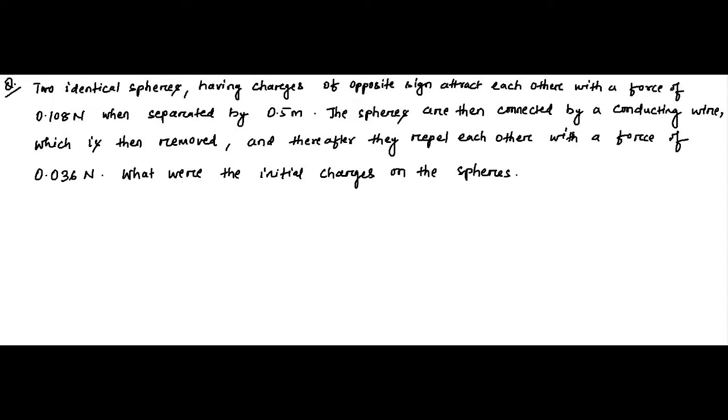Now let us try to understand it. First we have two identical spheres. Identical spheres means their radius and dimension are the same. Let's say we have sphere 1 and sphere 2 of the same radius. They are separated by 0.5 meter always.